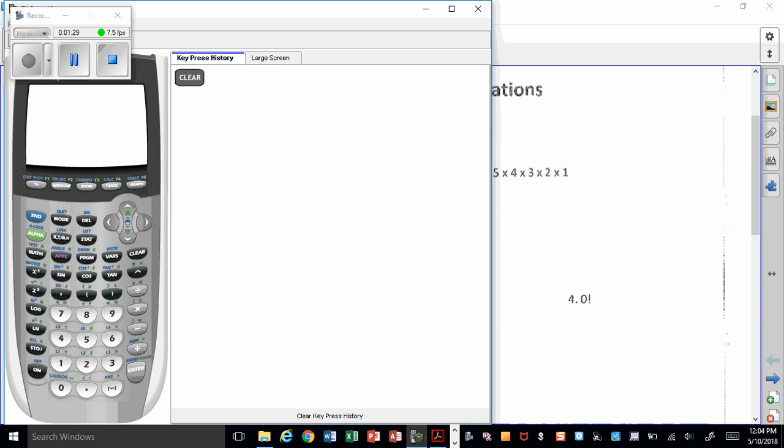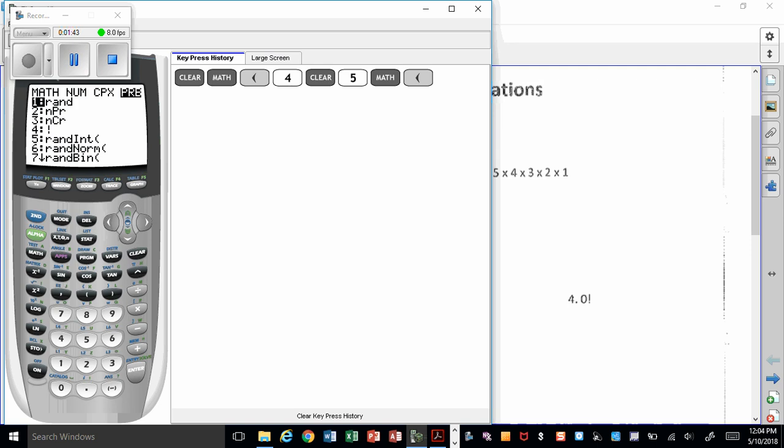So there's a button there. I'll go math, go left, and number 4 is the factorial button. Oops, I have to put the number in first. So I'm going to go 5, math, and then go left, probability, and then hit enter. And there's my 5 factorial, 120.